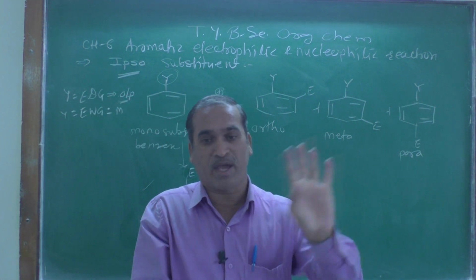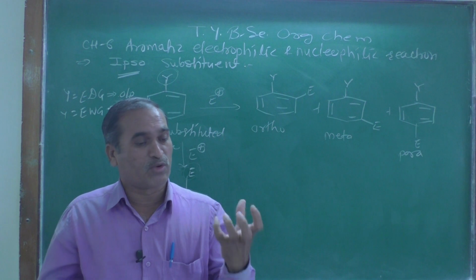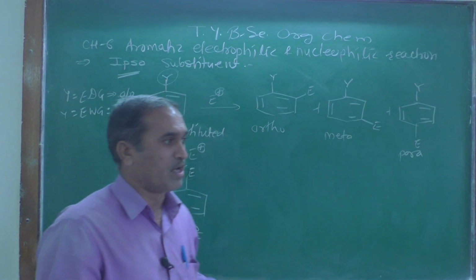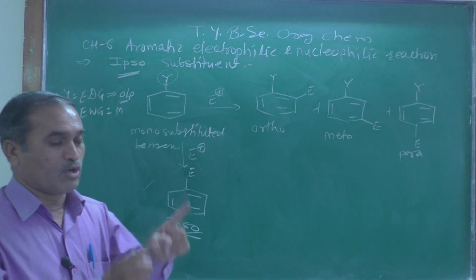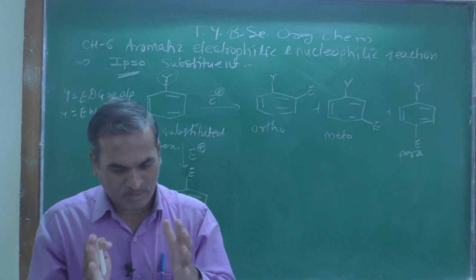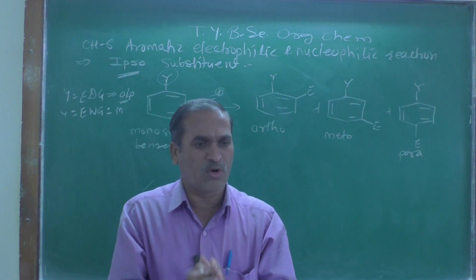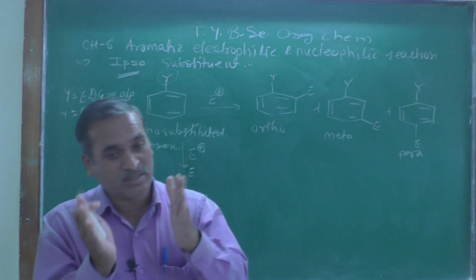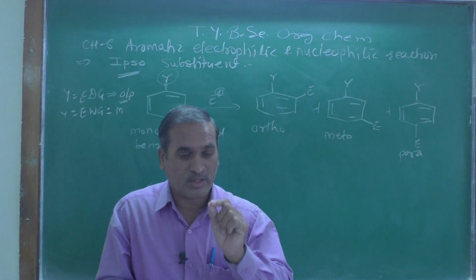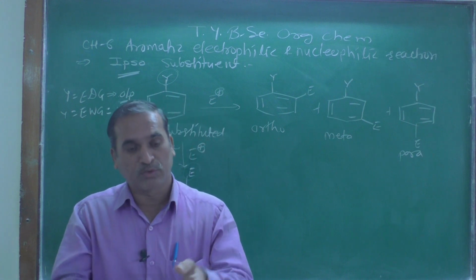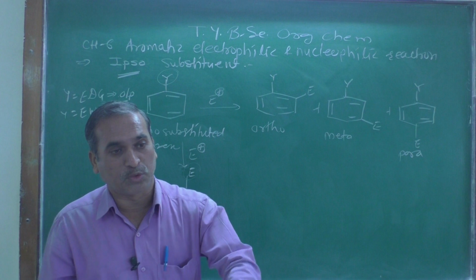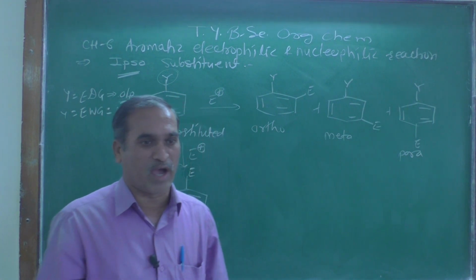One more question may appear in the exam. Remember, what do you mean by ipso substitution? Whatever electrophile we are adding, whatever substituent is present on the benzene gets replaced by the electrophile.